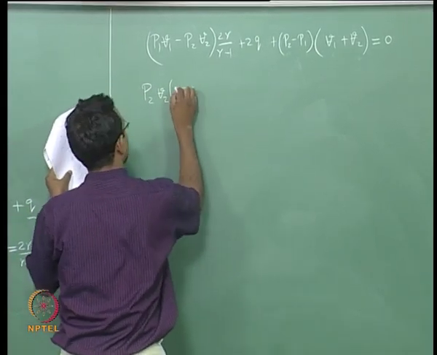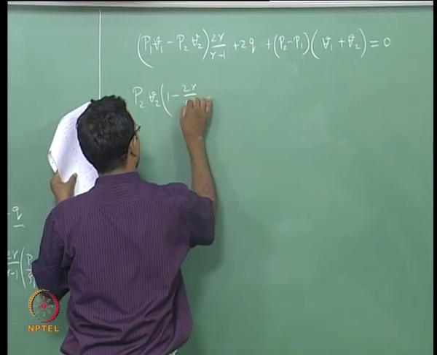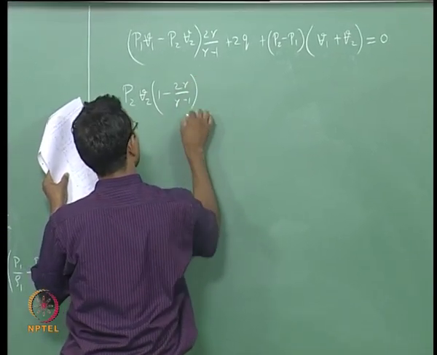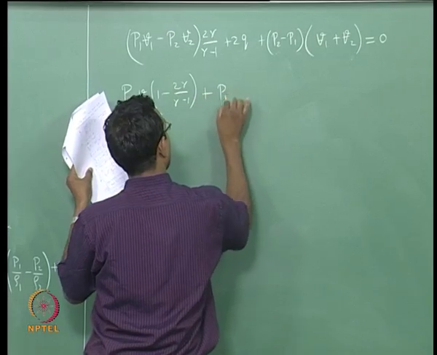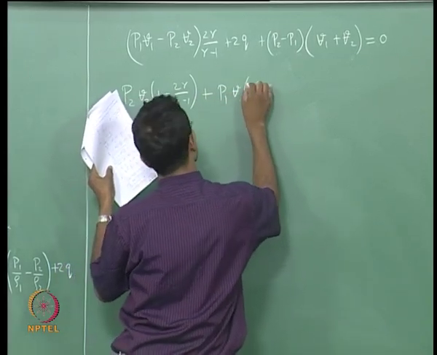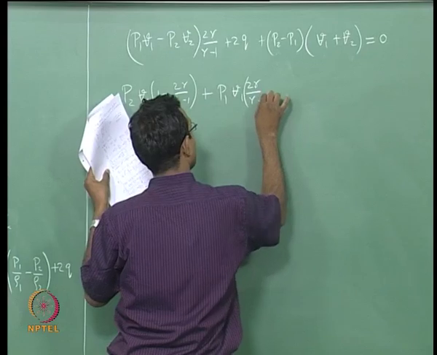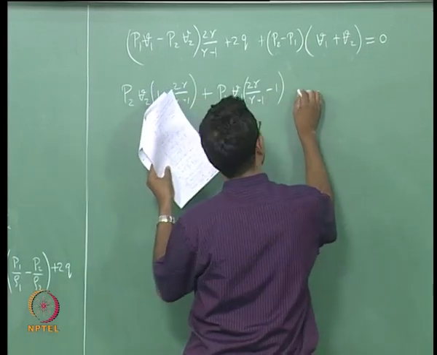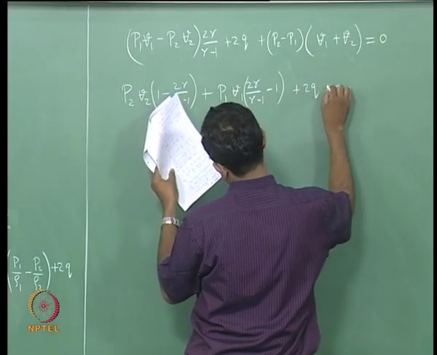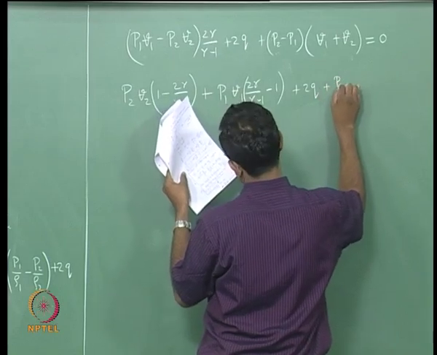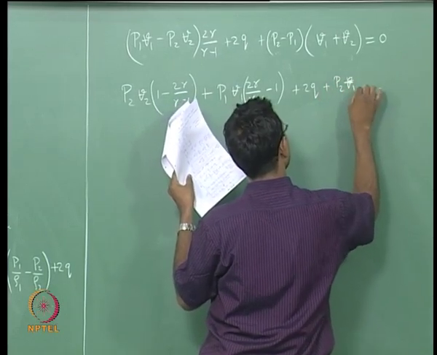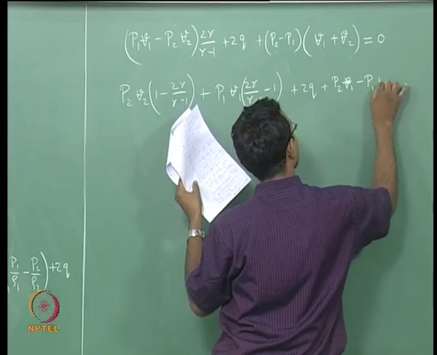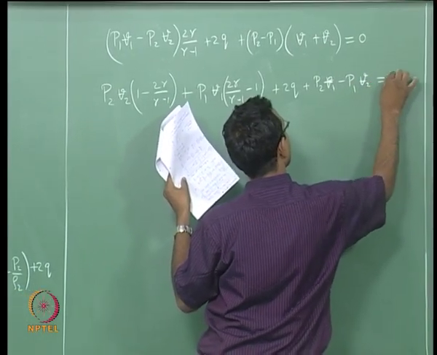P2 V2 times 1 minus 2 gamma by gamma minus 1 plus P1 V1 times 2 gamma by gamma minus 1 minus 1 plus 2q plus P2 V1 minus P1 V2 equal to 0.